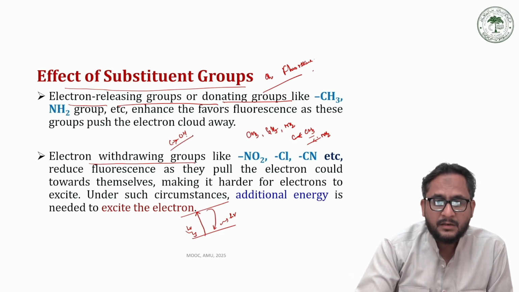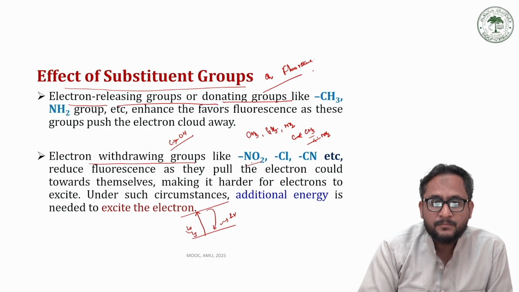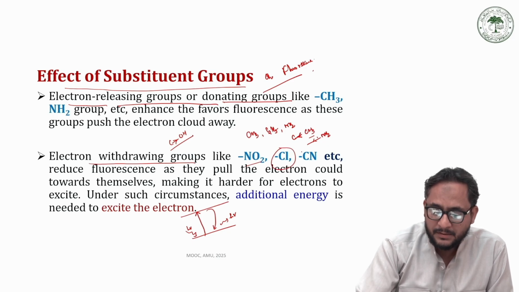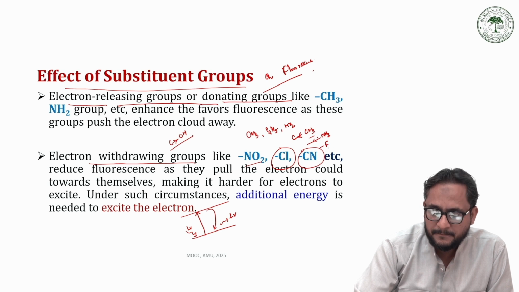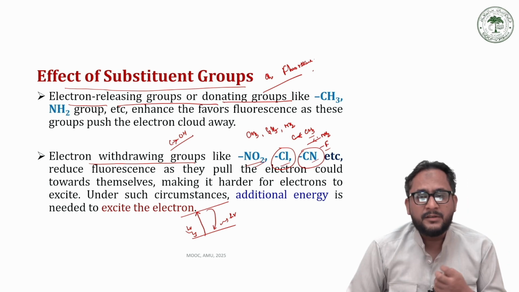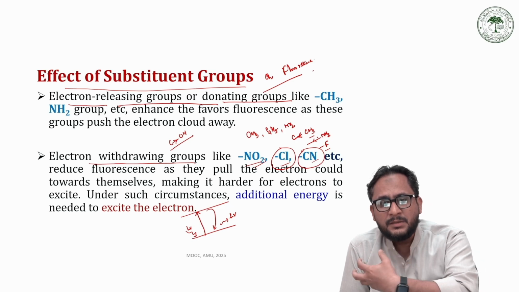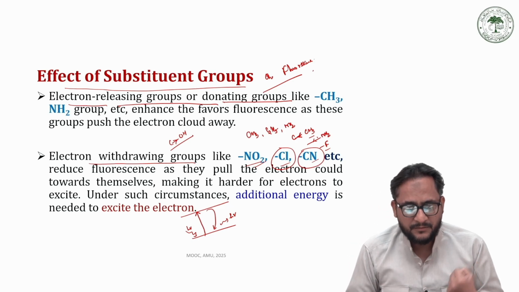Similarly, there are various other groups like the NO2 group, Cl, the CN cyanide group, and fluoride. These groups have a strong affinity towards the electron pair. If they are present, they pull the electron pair towards themselves.